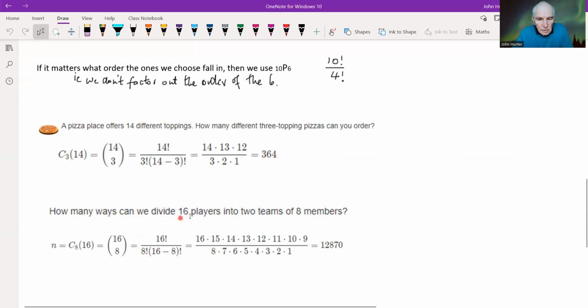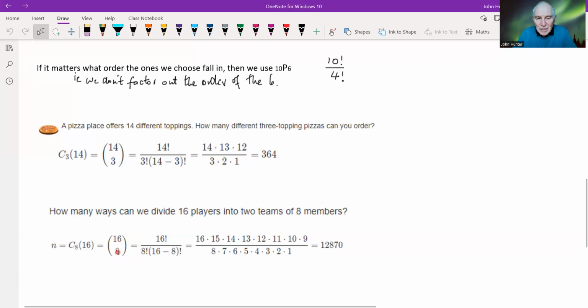How many ways can we divide 16 players into 2 teams of 8 members? Right, okay. So what we're doing is we've got our 16 slots. The first 8 slots are one team. The second 8 slots are another team.